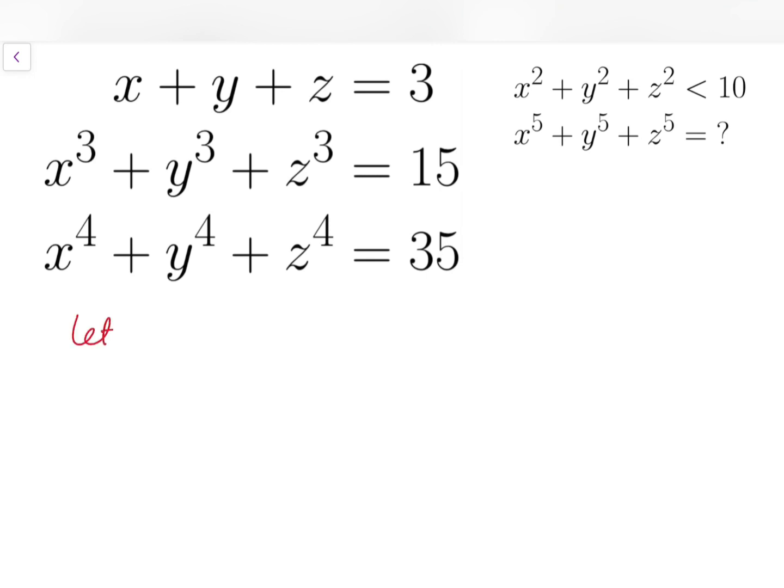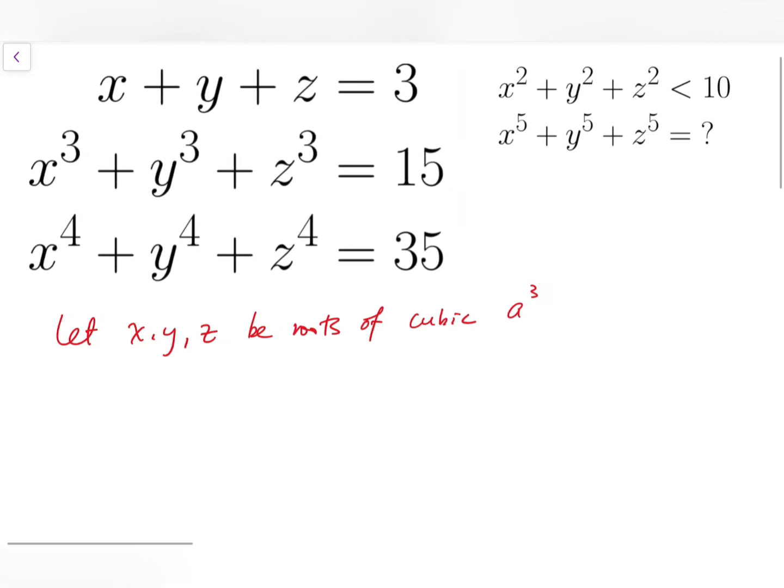So let x, y, and z be the roots of some cubic, say let's call that a cubed, and then for the coefficients I'm going to say let p, q, r be the coefficients, just some constants p, q, and r for the time being.